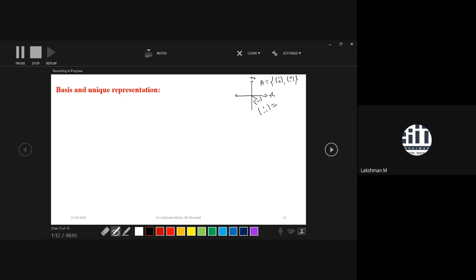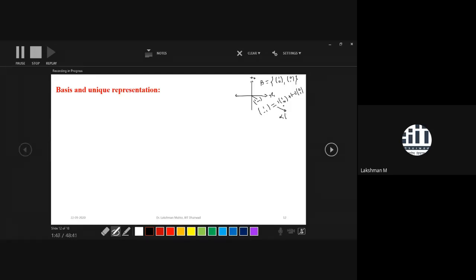That means it is 1 times (1, 0) plus minus 1 times (0, 1). It has a unique representation. We can't get two different ones; there is no other representation.